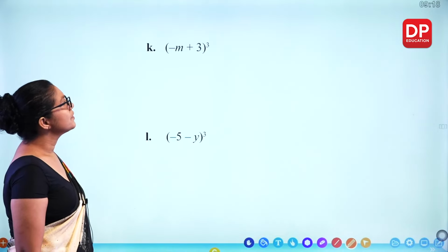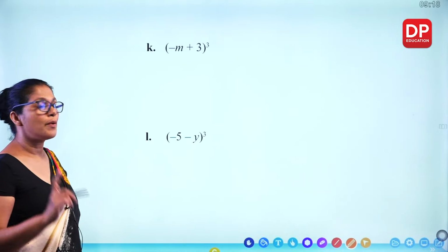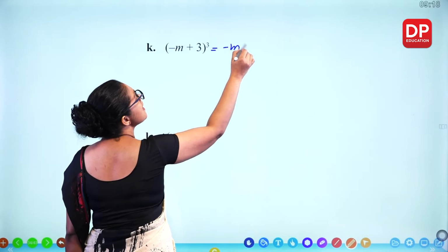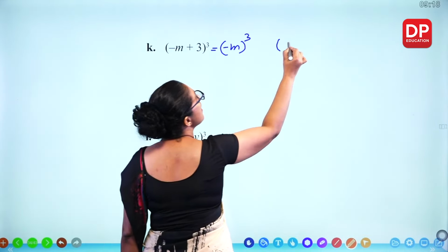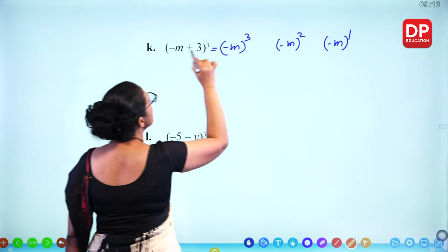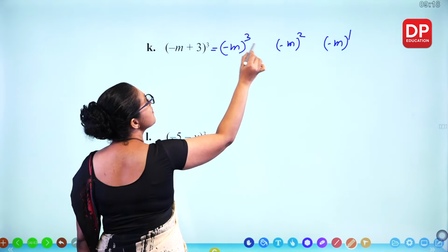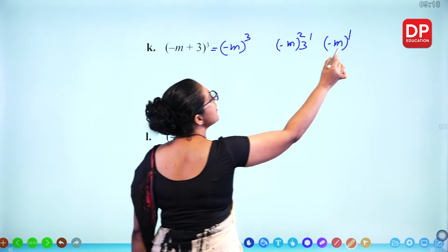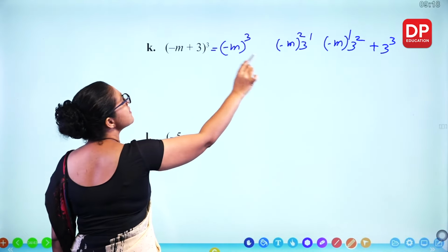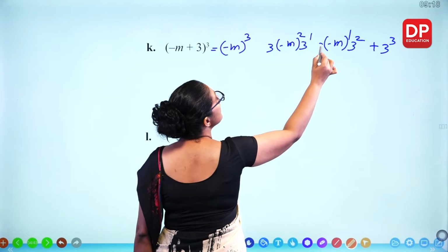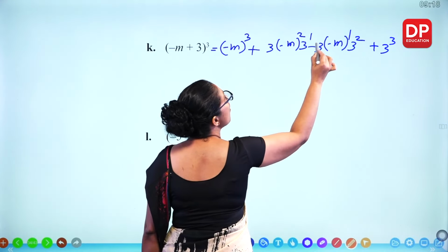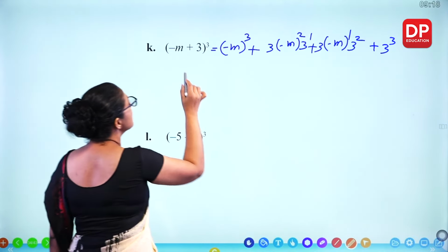This one. Now minus m is there, so make sure that you put brackets for the first term. So minus m power 3, minus m power 2, minus m power 1. Last term is 3. Starting from here, 1, 2 and 3. And the second term, you put 3. Third term, you put 3. And then this is plus. That means all plus.